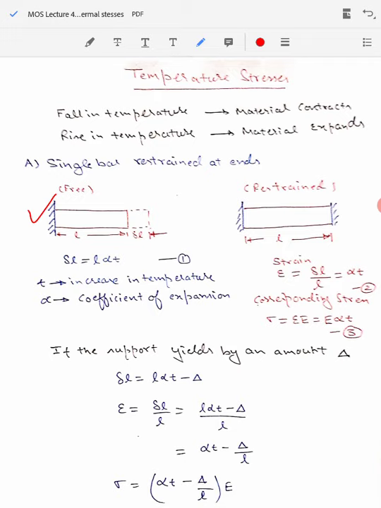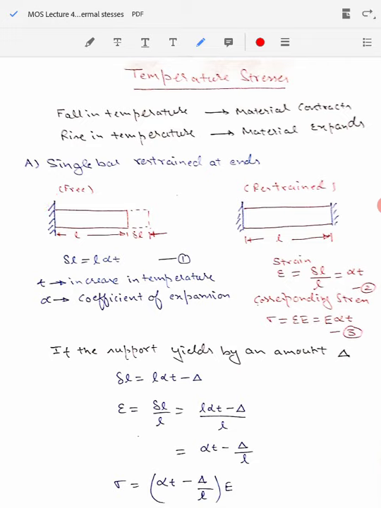So when there is a change in temperature of, let's say, T degree Celsius, it will cause the expansion of this bar of the magnitude delta L, which can be calculated with the help of the coefficient of expansion as L into alpha into T. L is the length of the bar, alpha is the coefficient of thermal expansion, and T is the change in the temperature. So this delta L will occur because of the rise in temperature by T degree Celsius.